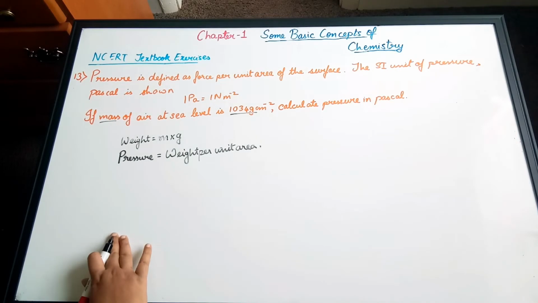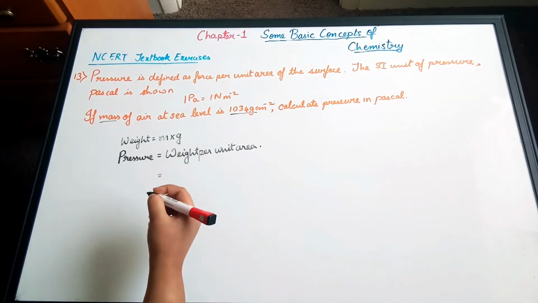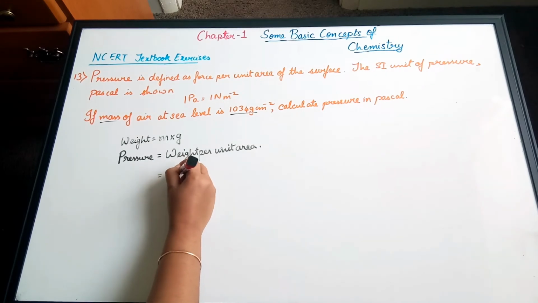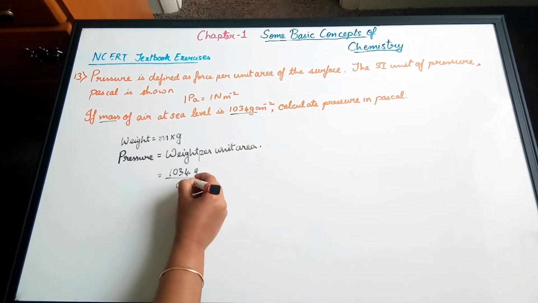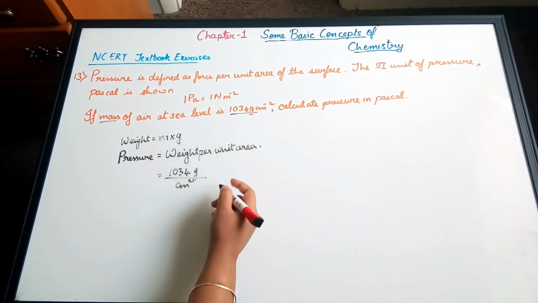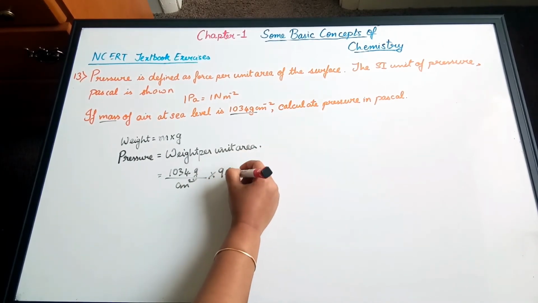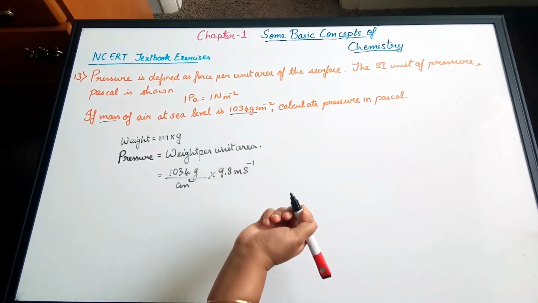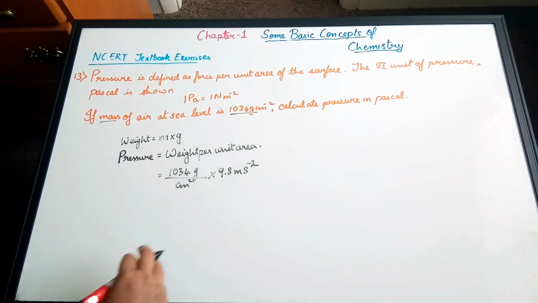So basically combining these two, we can write pressure as 1034 grams divided by centimeter square, into 9.8 meters per second square. So this is nothing but the gravity, right?